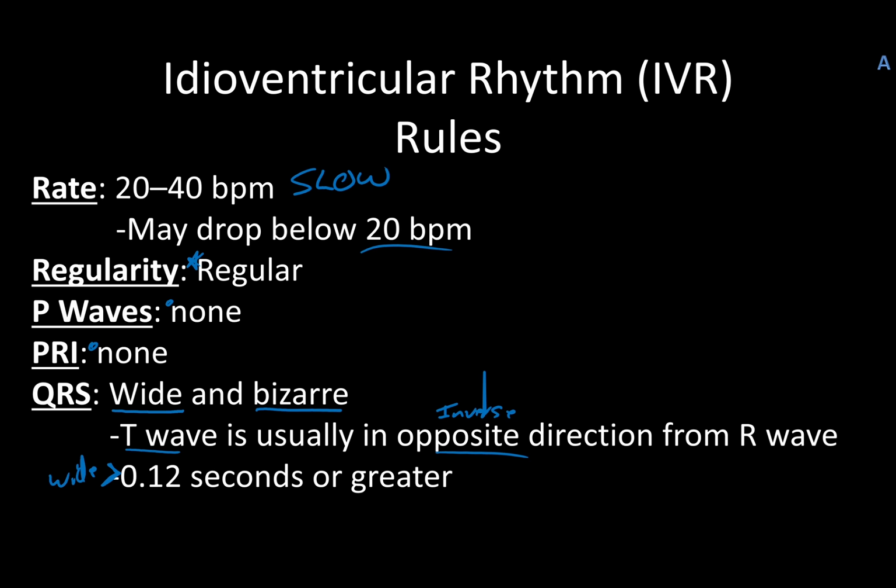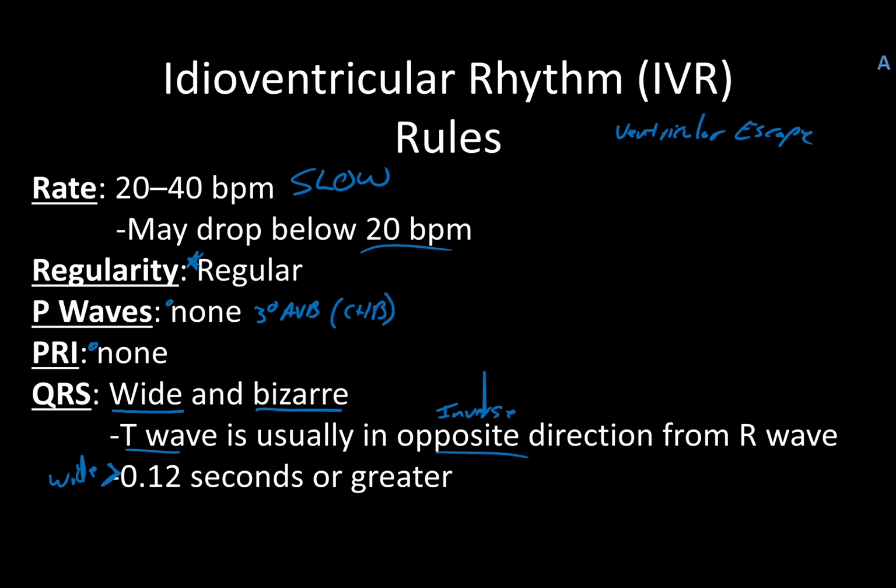Now, I will make this quick side note: if you do see P waves, the ventricular rhythms, particularly ventricular escape, is the rhythm that will occur when you're having a third degree AVB, or complete heart block.